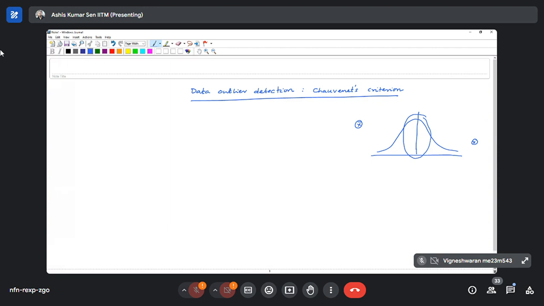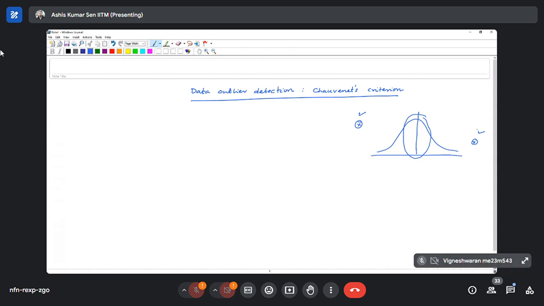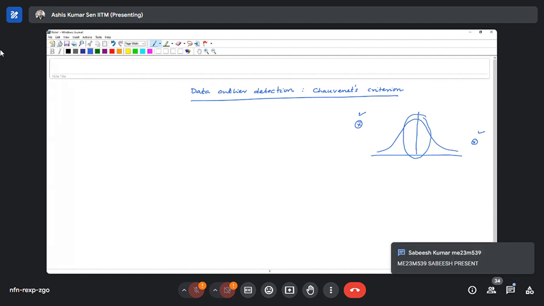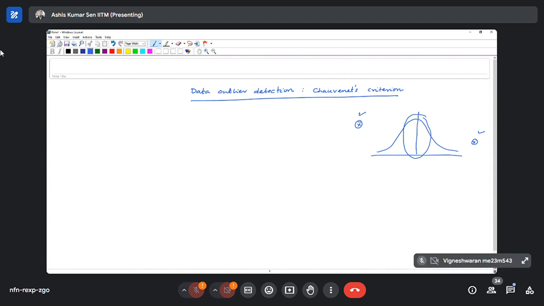So it is important that we get rid of these spurious data points from the data set that you use to do the statistical quantification of your data, right? As I said, these could be for various reasons, but these are measurement glitches. So it is important to first detect or identify them and then remove them from the data set before we actually do the statistical quantification of the data, right?